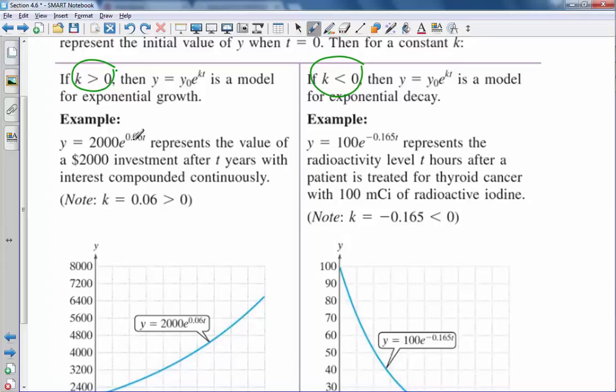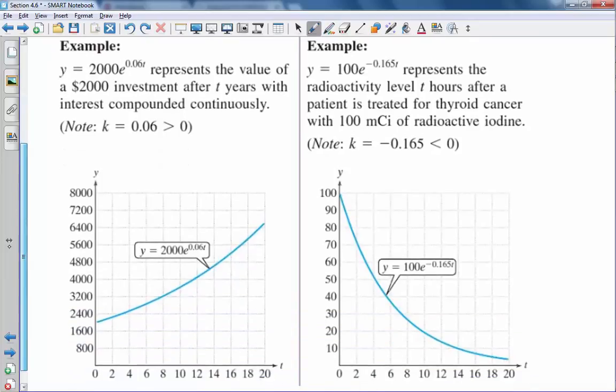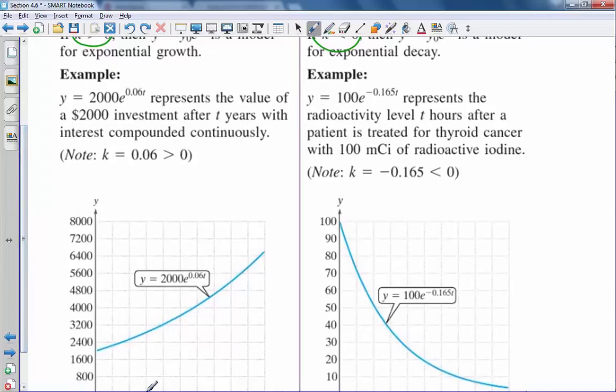Like minus 0.165, positive 0.06. And this one is how much your money is growing at a 6% rate over time. $2,000 becomes almost $7,000 after 20 years. And in the same way, this is the cancer rate after treatment.